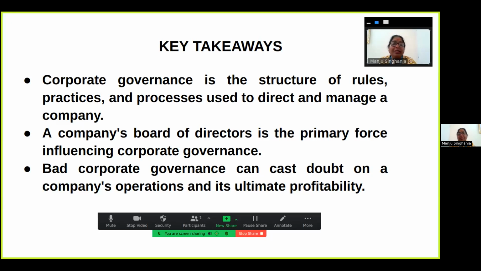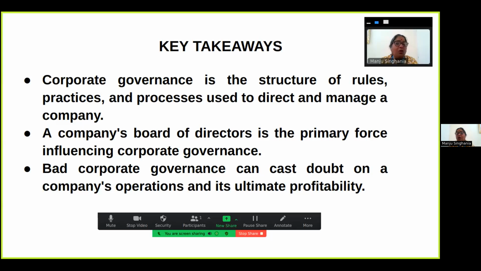Bad corporate governance. Why should corporate governance be good? Bad corporate governance can cast doubt on a company's operation. If the organization is not following the rules, practices and processes, then certainly the company's operation will not be up to the requirement, and ultimately profitability will also suffer. If operation is not good, and products, goods and services are not of quality, then certainly the market will also not be there.